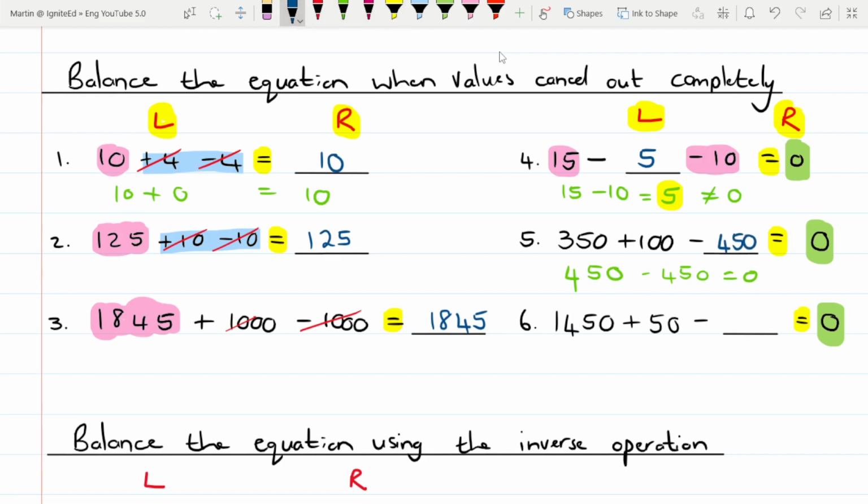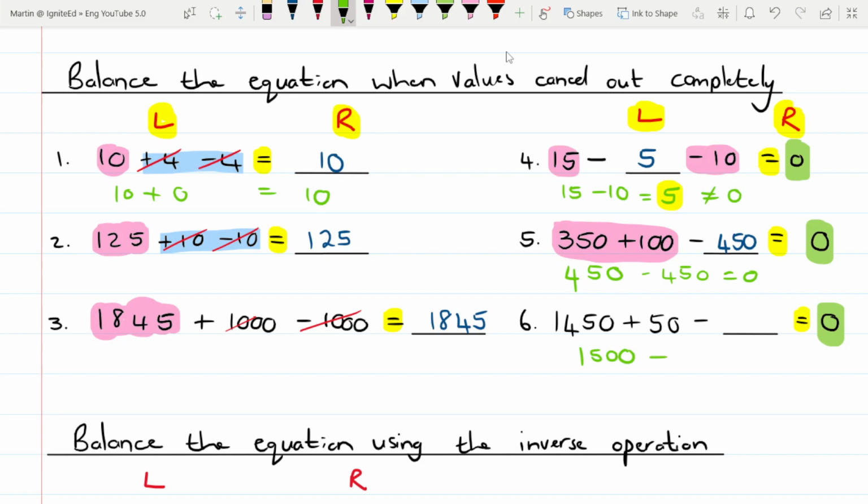450, right? So once again, we take everything that we know for sure, which is that we need to add these two together and that the answer must be 0. And then take what you know and figure out, what do I need to subtract so that my answer is actually true. Final one, 1,450 plus 50 is 1,500. 1,500 minus what gives me 0.